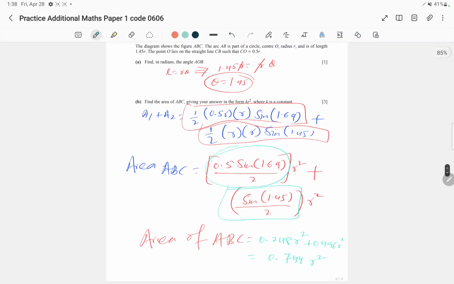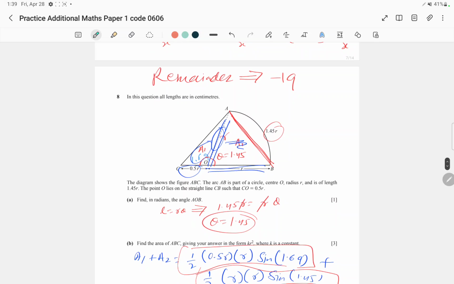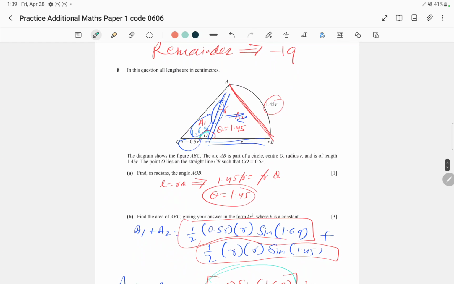Okay, so now we have to recheck this, because in this type of question there is a probability of making some mistakes. So let's check again. So this is 1.45 radians, this is 1.69. So pi minus 1.45, which is 1.69. So this is right. And for the area of ABC, ABC is a triangle, right? So the sum of these two triangles.